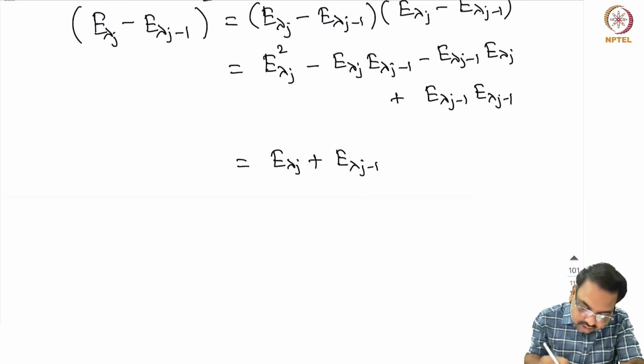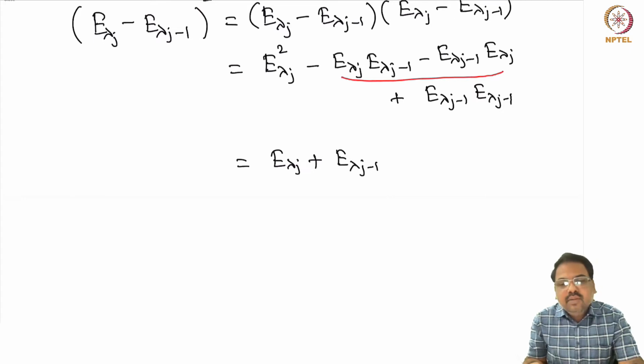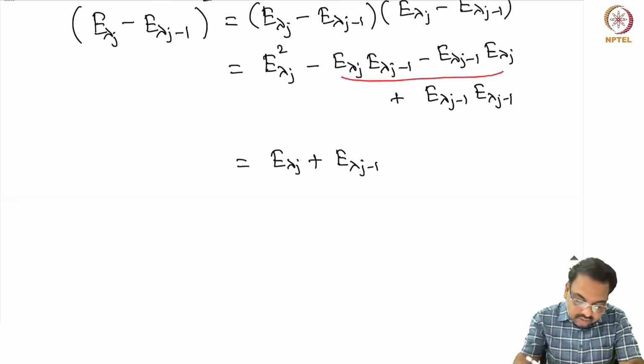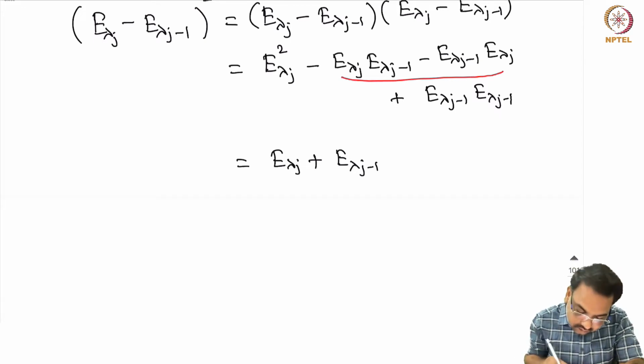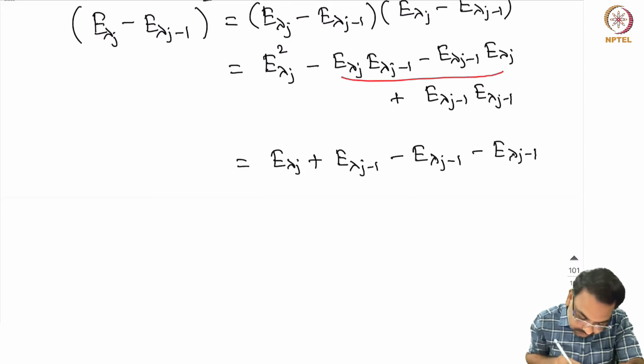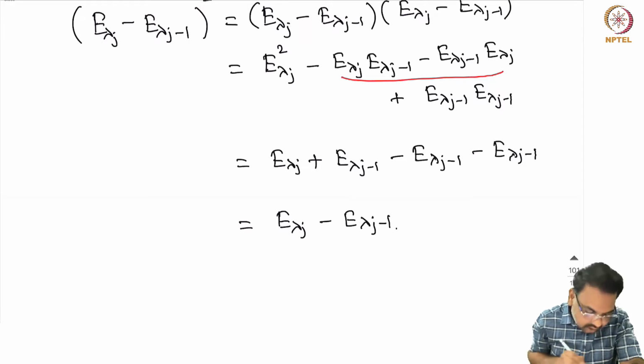Now let us look at these two terms. Now lambda j minus 1 is less than lambda j, so the product of two such operators is the least projection we get. So the first one is E lambda j minus 1, and here also E lambda j minus 1. So we will get E lambda j minus E lambda j minus 1.